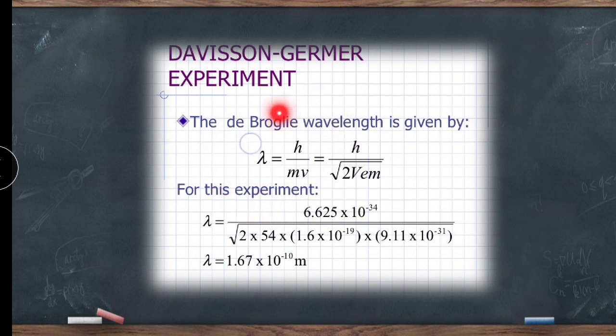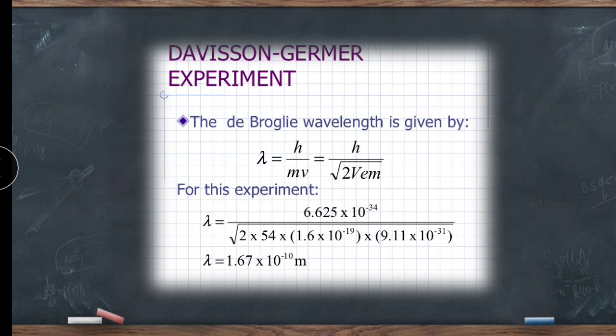Now we have an idea about the de Broglie formula. Lambda is equal to h upon mv, or instead of mv we can write h upon root 2 meV. How we got this formula, we have already discussed in part 7 of our series. Now we are going to put the values of V, e, m and h in this formula.